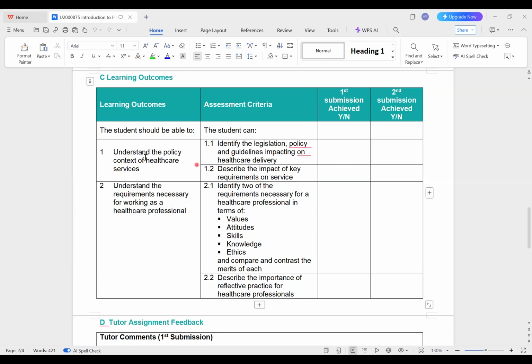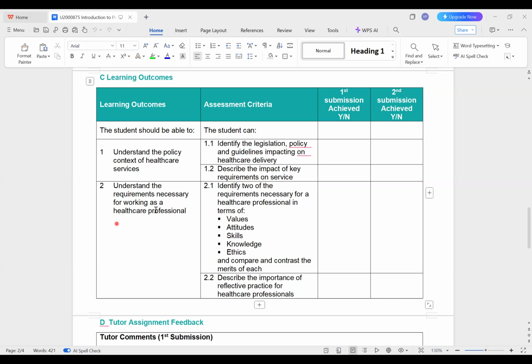And under the same learning outcome, you would want to describe the impact of key requirements on services. When you're delivering services, what are the important requirements that you need to cover? Those cannot be missed out. So that's your first learning outcome that we will be discussing today.